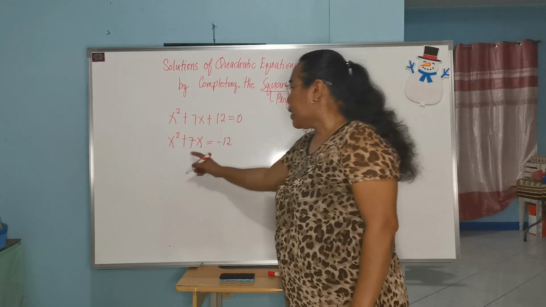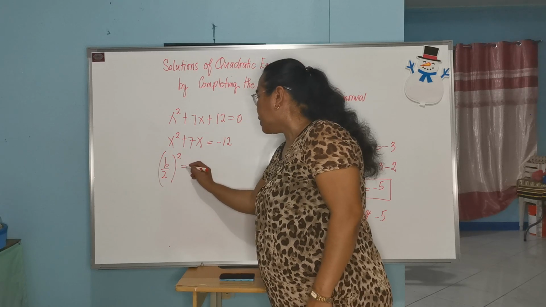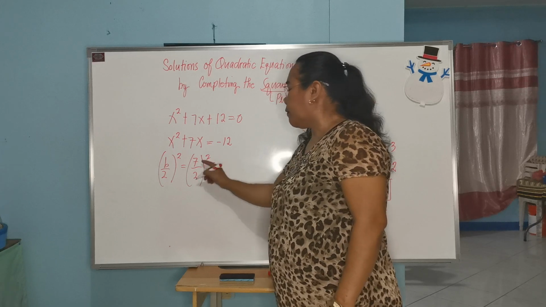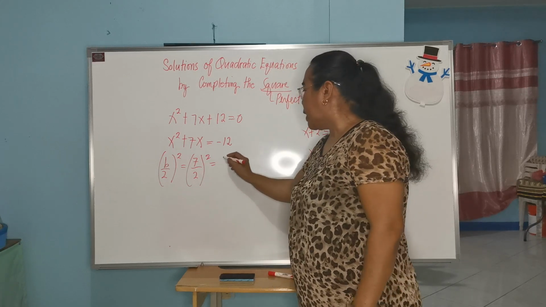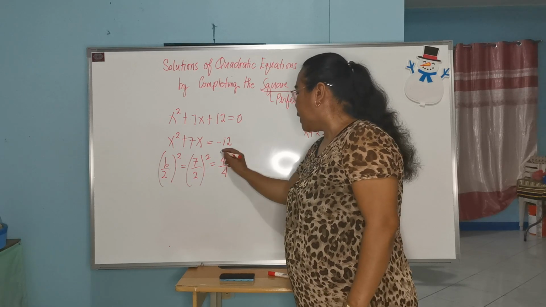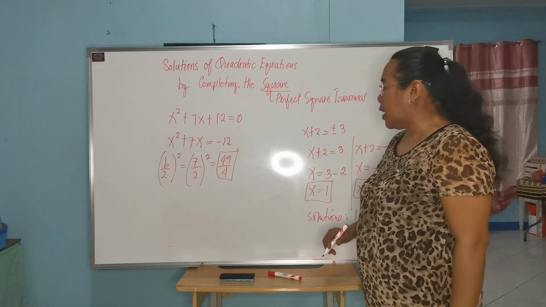We take again our b, divide it by 2, and then after which square that. So we have 7 over 2 squared. And what is 7 squared? That is 49. And 2 squared will give us 4. Again, 49 over 4 should be added to both sides of our equation.